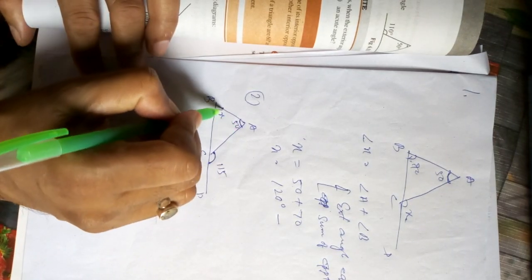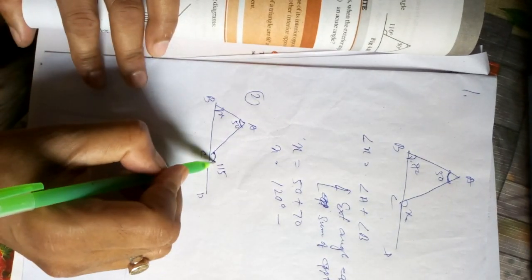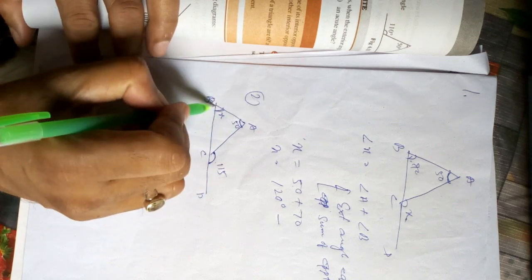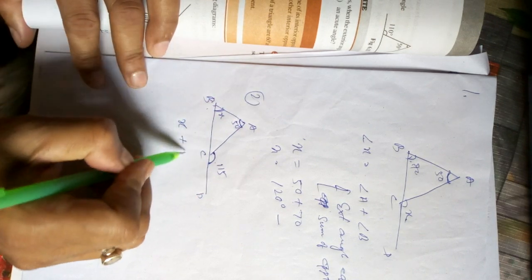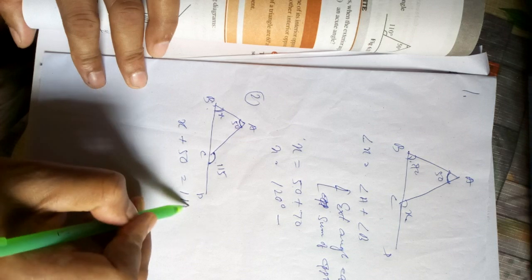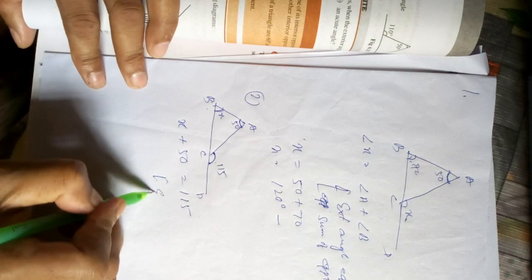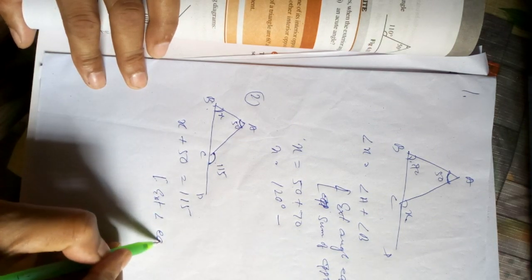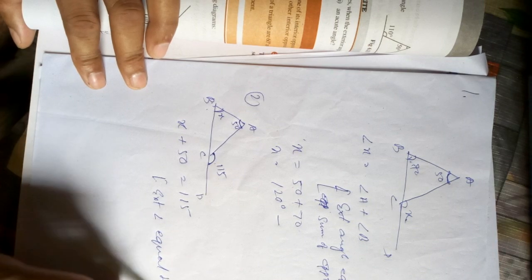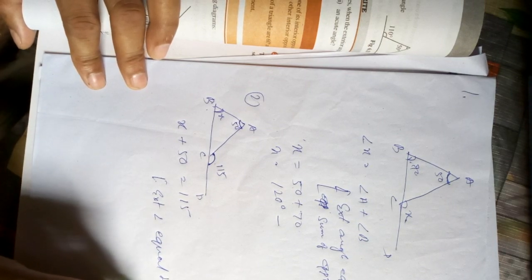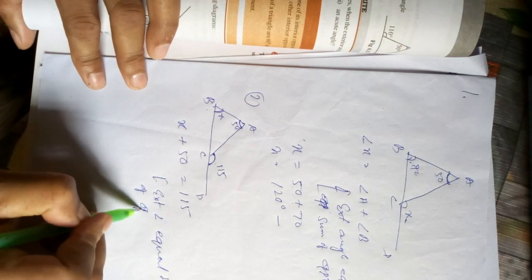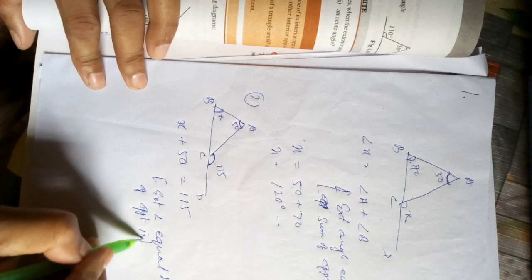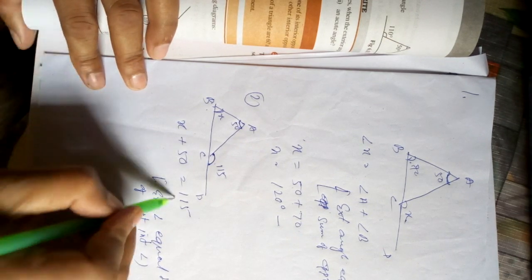This is the interior angle. We know that the exterior angle is the sum of the opposite interior angles. So write x plus 50 equals 115. Write the reason: exterior angle equals sum of opposite interior angles. Now solve it.